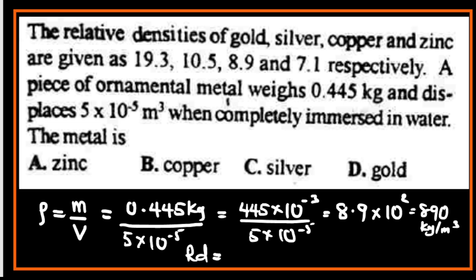Kilogram per meter cube, 0.89. That's supposed to be 0.89, or what am I doing wrong there? Oh, I see. That is not 8.9, this is 89. So this is 8900. If divided by 1000, that's 8.9. So you are very much right with that computation. You get that? The one that has 8.9 is copper. So your computation is right.